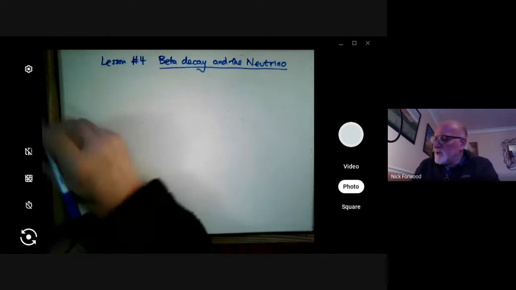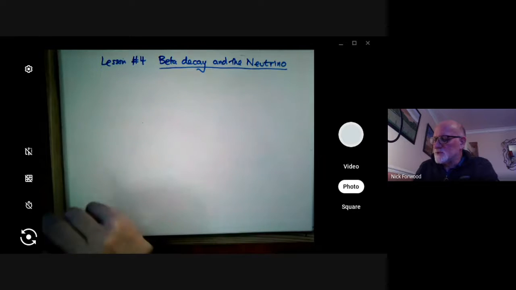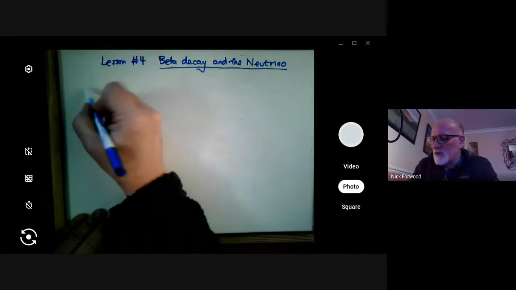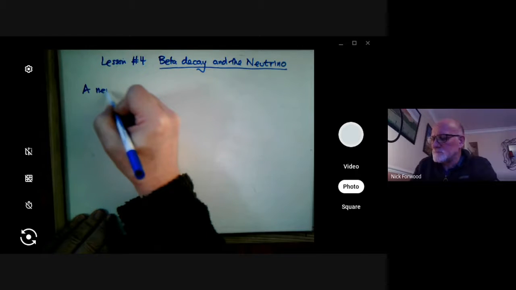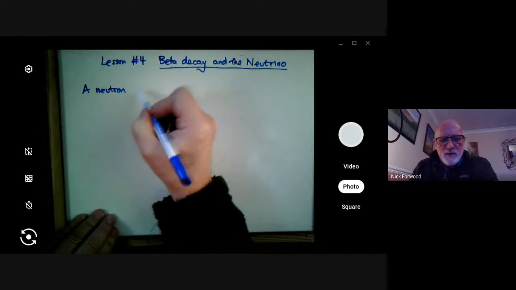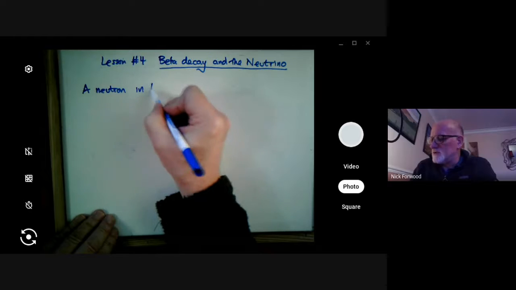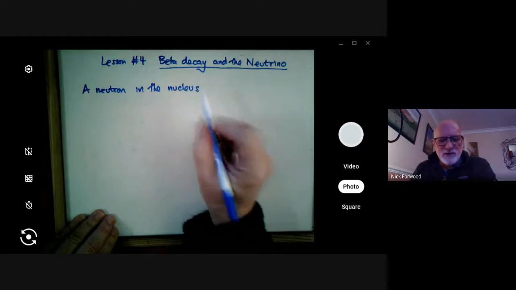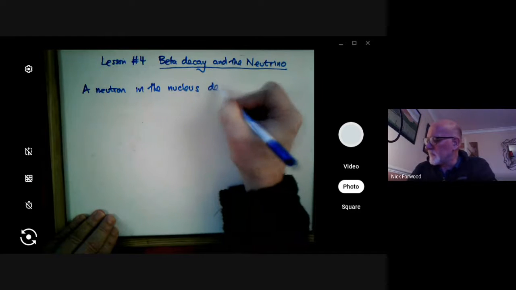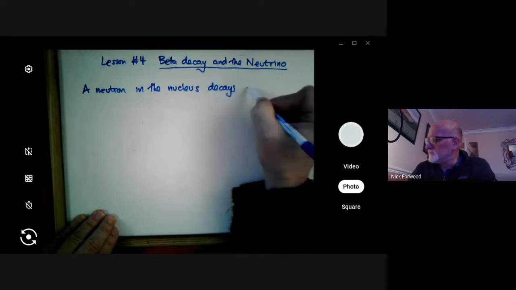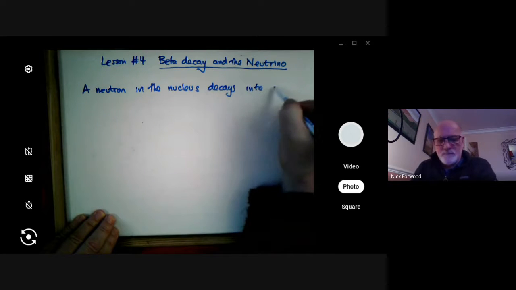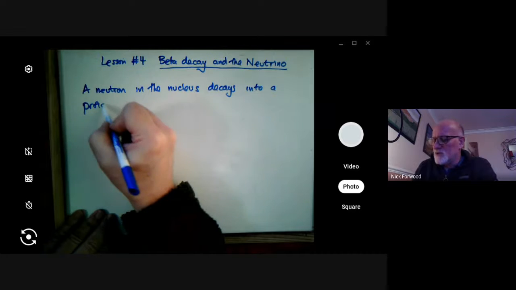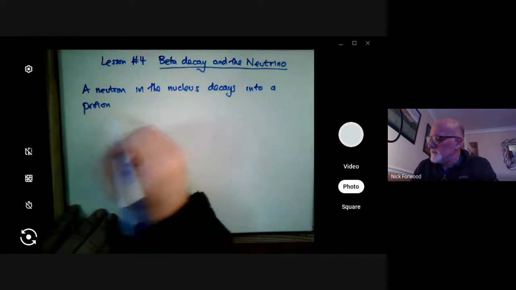So we're now going to look at beta decay, which is an electron that's emitted from a nucleus. So here's a note about that. A neutron in the nucleus, so obviously it must be in the nucleus because they're nowhere else, decays into a proton. Now the proton stays in the nucleus.